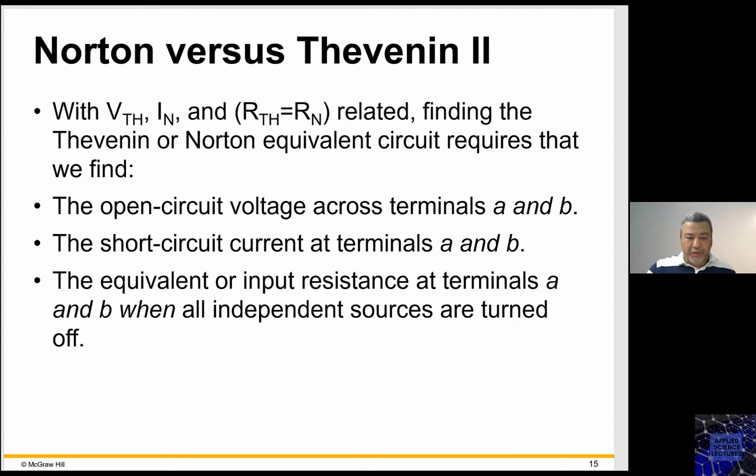So far we have seen how we calculated the V Thevenin. If you recall, in the first two examples we did, we found the V Thevenin by calculating the V open circuit, right? And then I found the I Norton by calculating the short circuit, right?